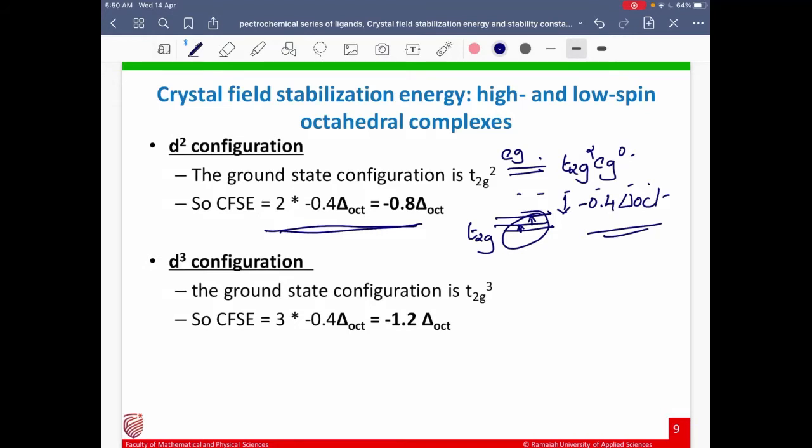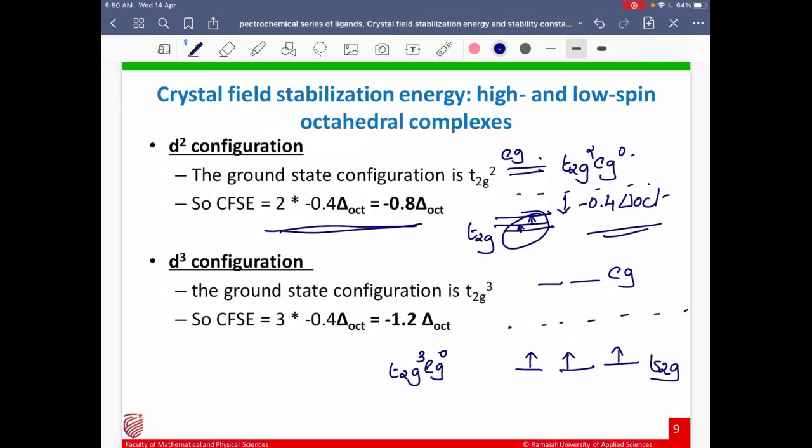Similarly, for a d3 configuration, where the central metal atom or ion has 3 electrons in its d orbitals, in t2g and eg, 3 electrons are present: 1, 2, 3. So we can write the electronic configuration as t2g3 eg0.